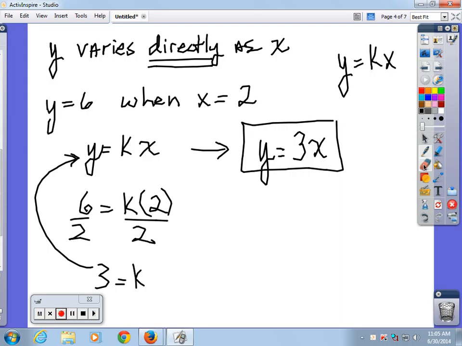So I'm just going to change this one because everybody's still writing. This is 6.3 and X is 3.